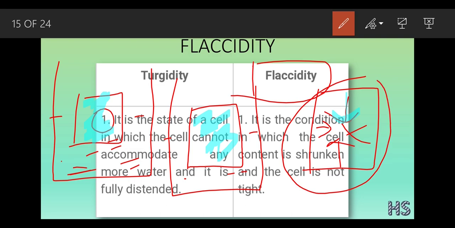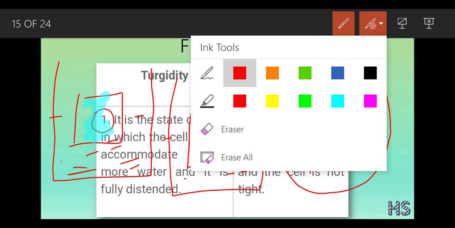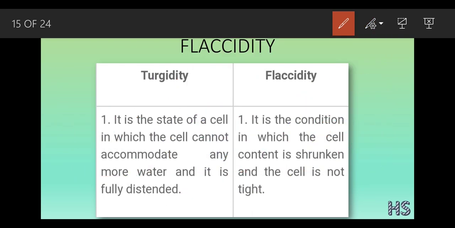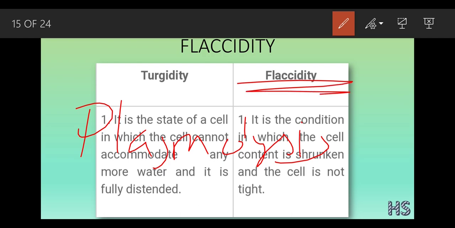When there is a loss of water from the cytoplasm region, this condition is said to be plasmolysis, because flaccidity leads to plasmolysis.